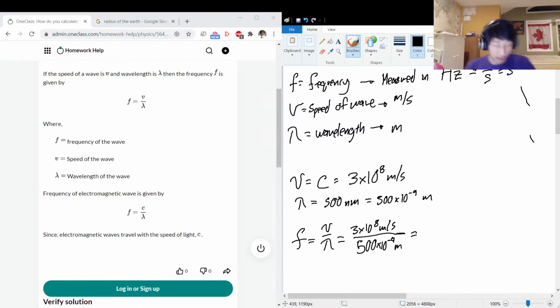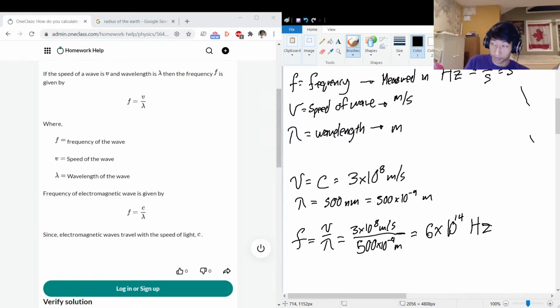Let's send that through the calculator. 3 times 10 to the power of 8 divided by 500 times 10 to the power negative 9. And our frequency is going to be 6 times 10 to the 14 hertz.